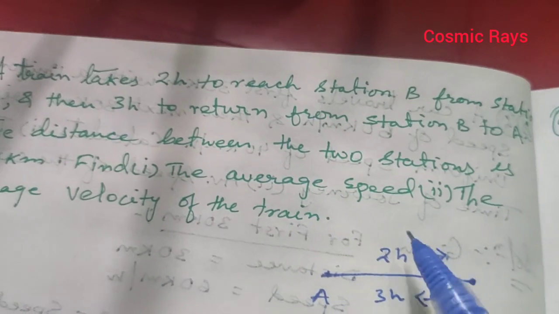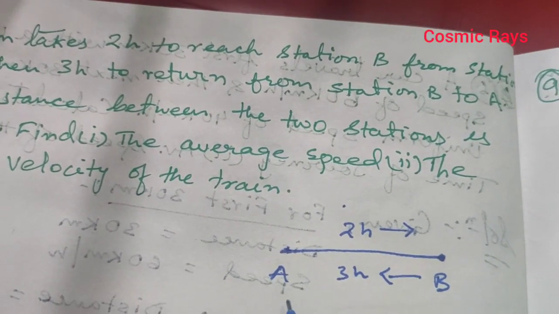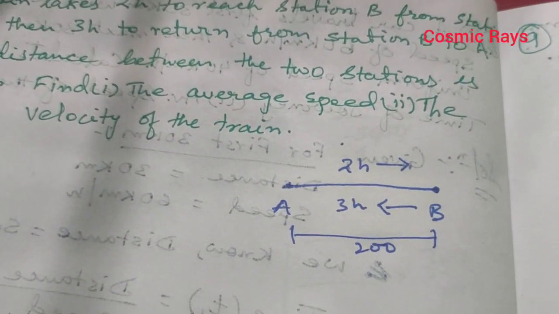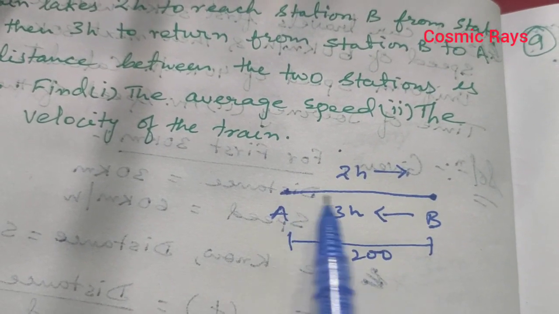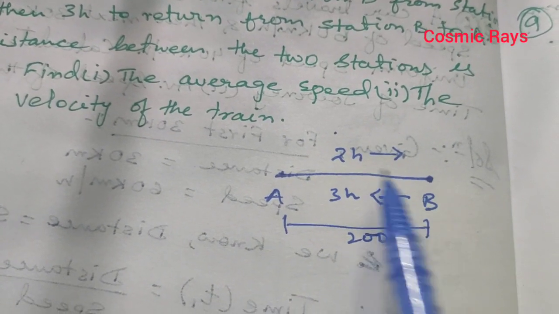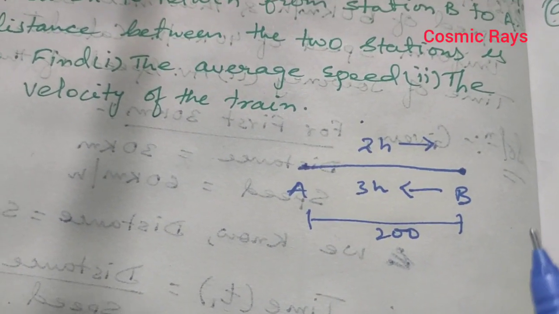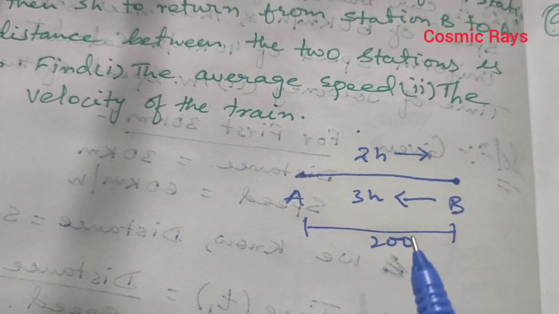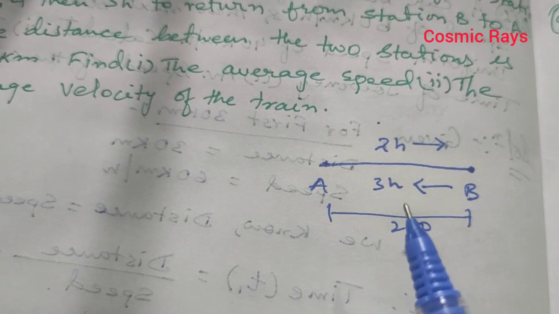The distance between A and B is 200 kilometers, so the train is covering 200 kilometers plus 200 kilometers, 200 while going and 200 while coming. So total distance is 400 kilometers, and the total time would be 2 hours plus 3 hours. So that will give us the average speed.